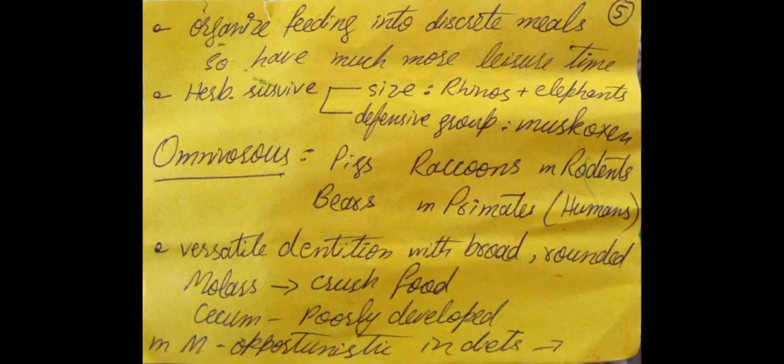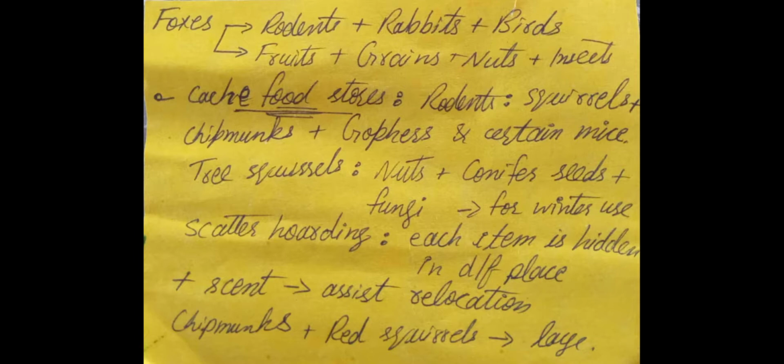The fourth feeding category is omnivorous mammals: pigs, raccoons, many rodents, bears, and many primates including humans. They have versatile dentition with broad rounded molars that are used for crushing food. They have a poorly developed cecum, and many are opportunistic in their diets, like foxes.